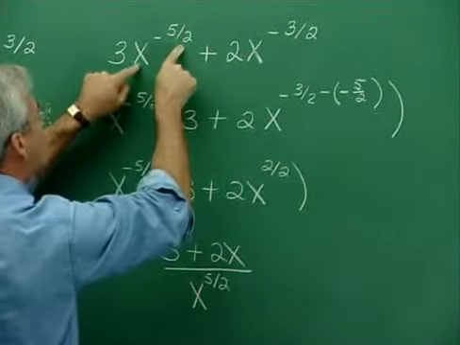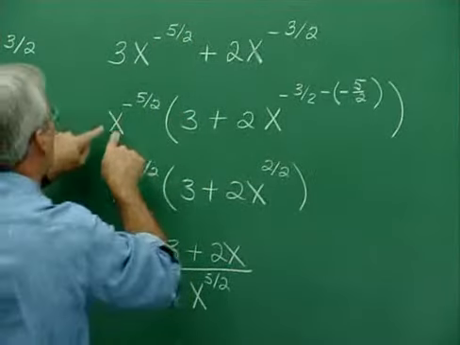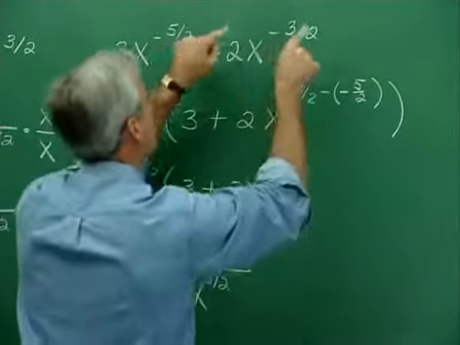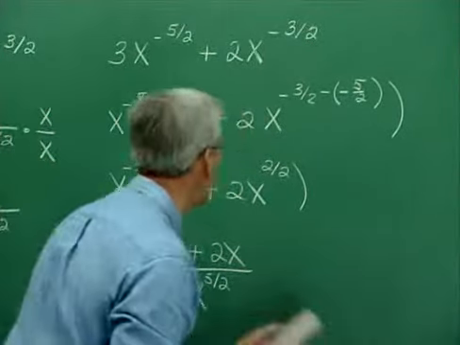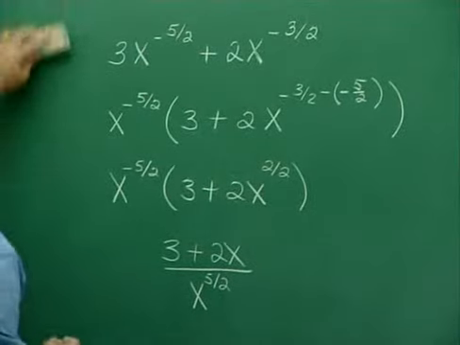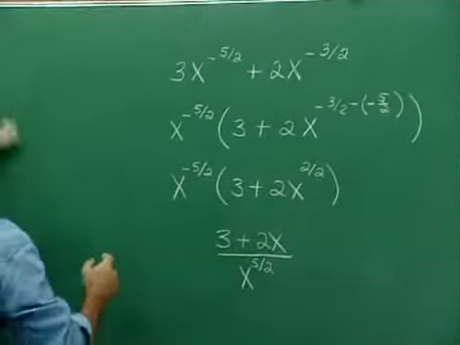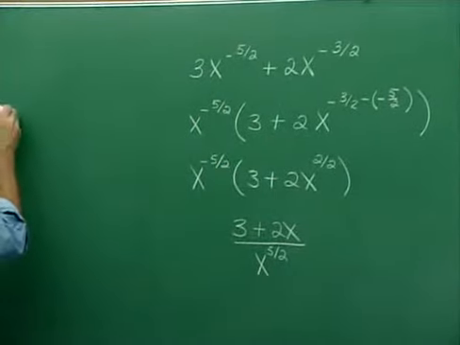When we pull x to the negative 5 halves out of this term, we're left with 3. Okay, when we pull x to the negative 5 halves out of this term, wow, what are we left with? Well, think about the technique for general factorization, or taking out a common factor, and we'll get an understanding of what's going on over there. You see the subtraction there, but here's why it works.